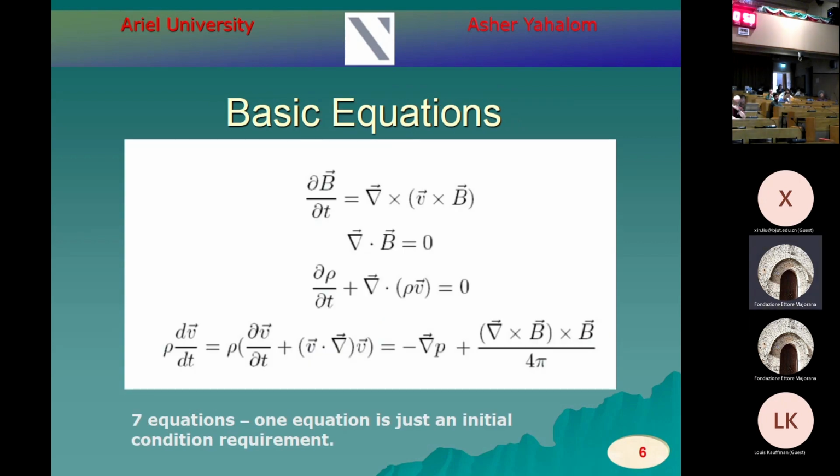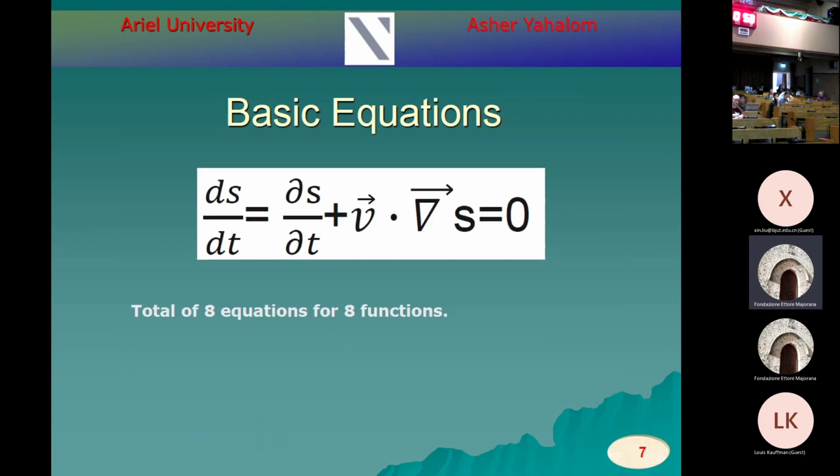Those are the equations. We have 7 equations. Div B equals 0 is automatic from the first equation if it is satisfied initially. And then we have this equation for the entropy, which just tells us that the entropy in ideal flow is co-moving.